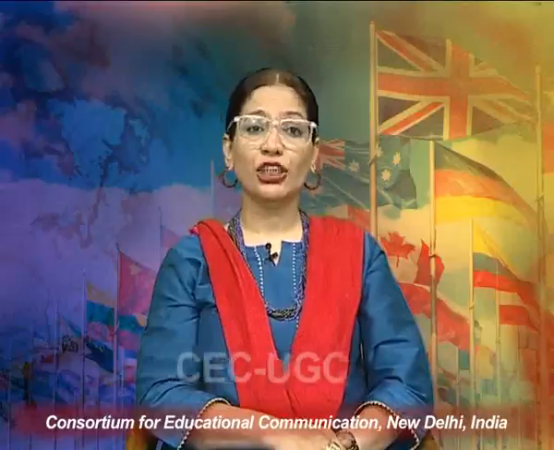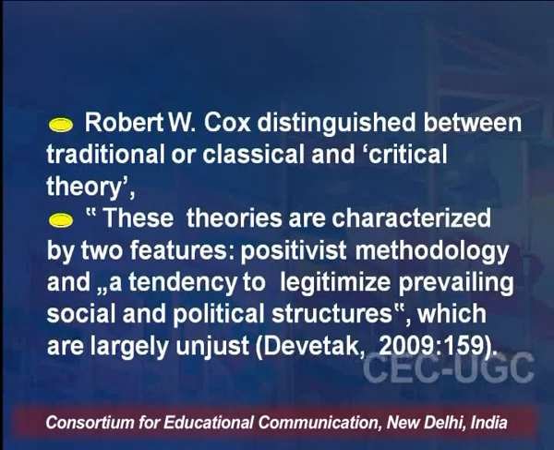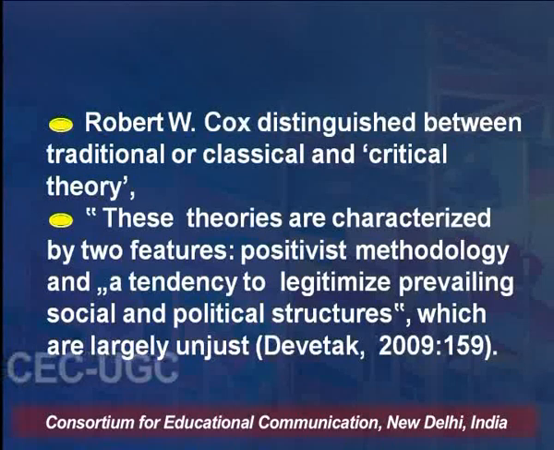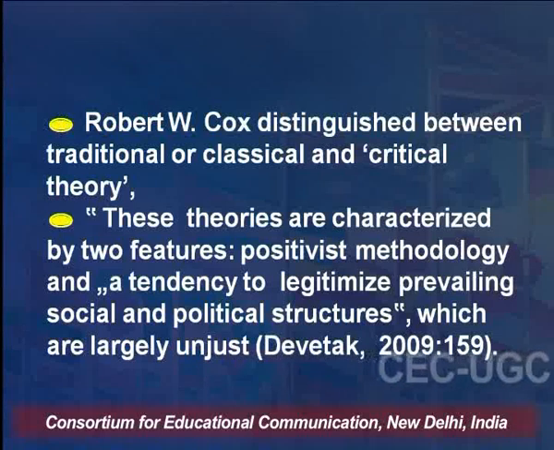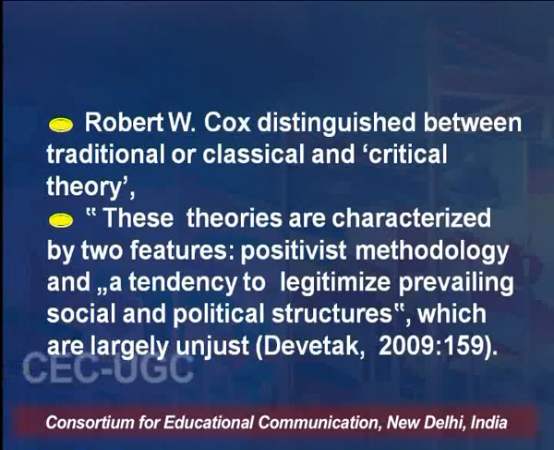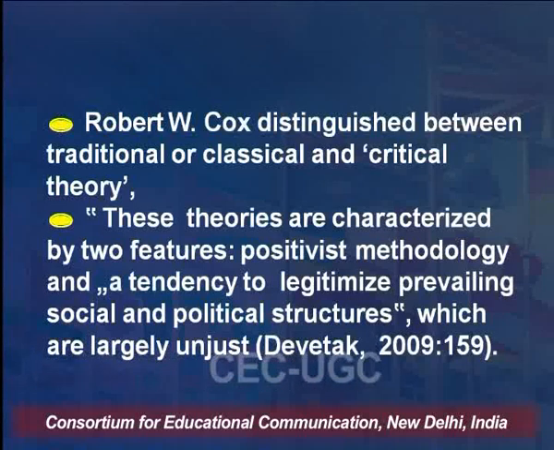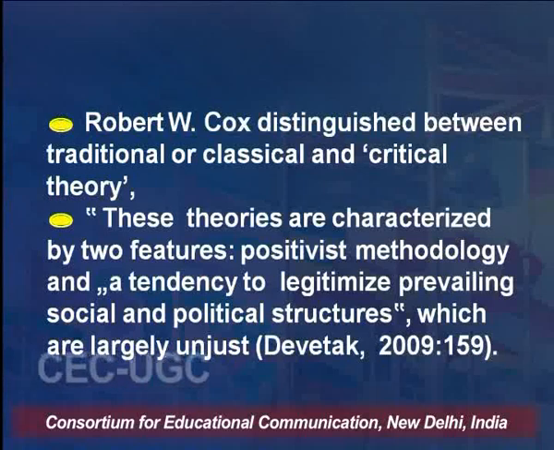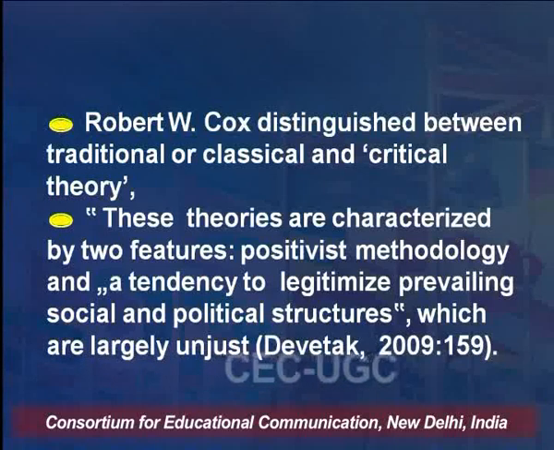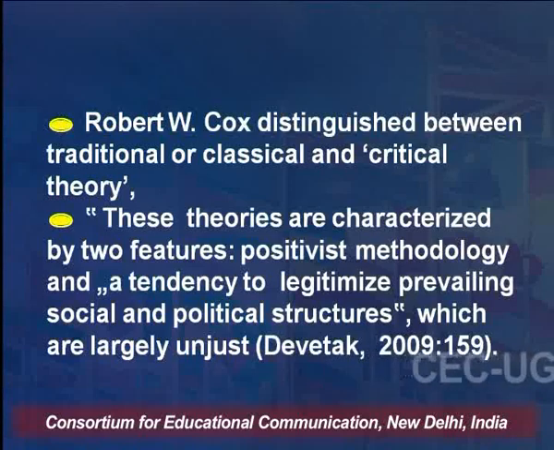Robert Cox distinguished between, as we read from his work, traditional or classical and critical theories. Reading from the remarks made by Robert Cox with reference to Devetak's book, these theories are characterized by two features, namely positivist methodology and a tendency to legitimize prevailing social and political structures which are largely unjust.